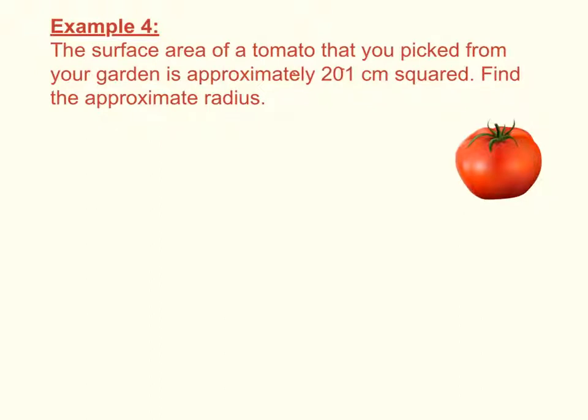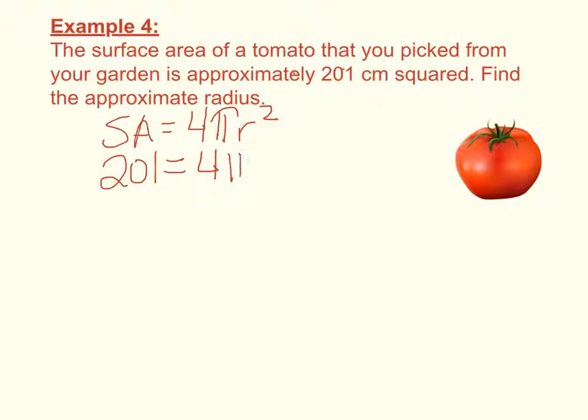So we know that the surface area is 201 centimeters squared. Let's start with our formula. Surface area equals, remember it, 4 pi r squared. Let's plug in what we know. We know surface area, so we're going to plug in 201 for the surface area equals 4 pi r squared.